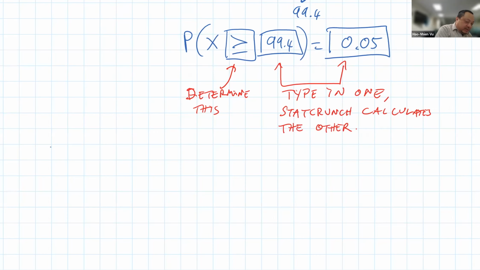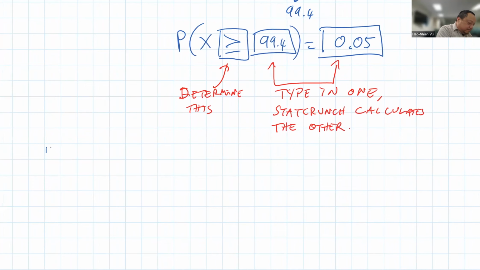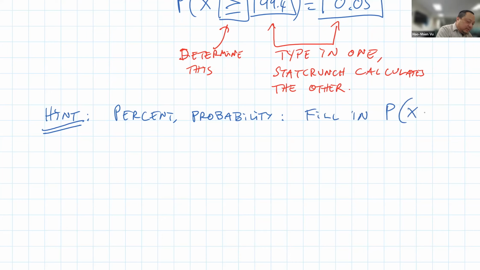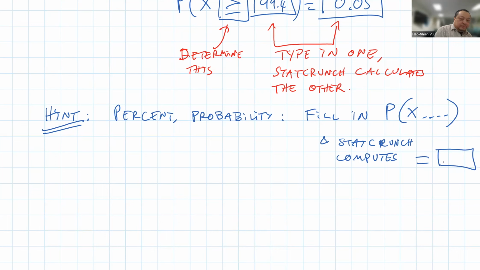So let me give you a hint. Percent, probability, you fill in the P and StatCrunch computes the equal box.